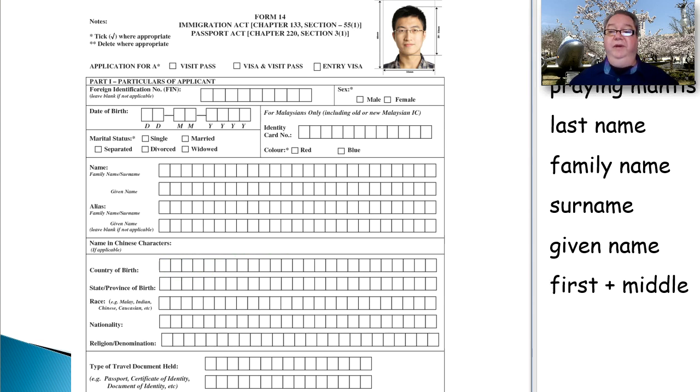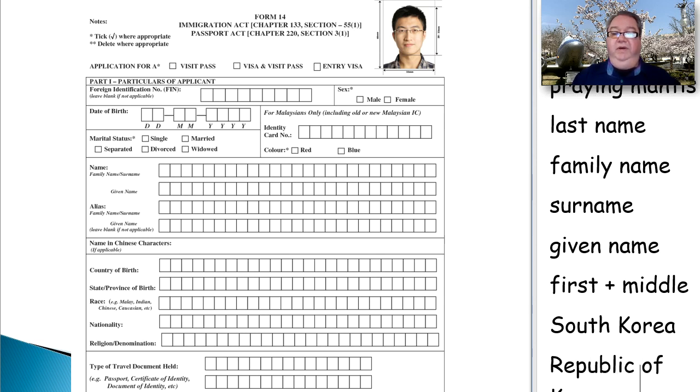Now, what about Korea? Can you simply write Korea? No, because there are two Koreas. So you would need to write South Korea, because of course there is also North Korea. Or you could write the formal name, the Republic of Korea.